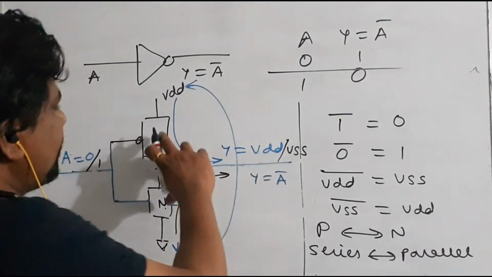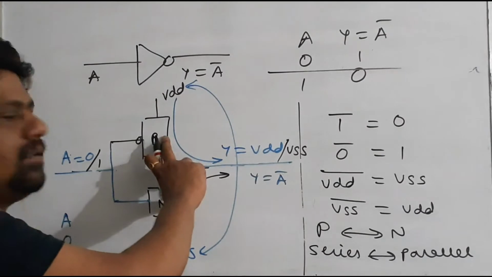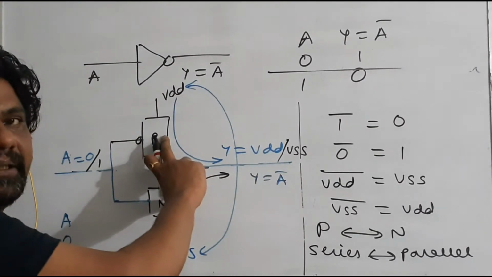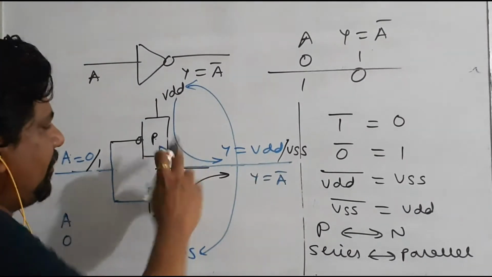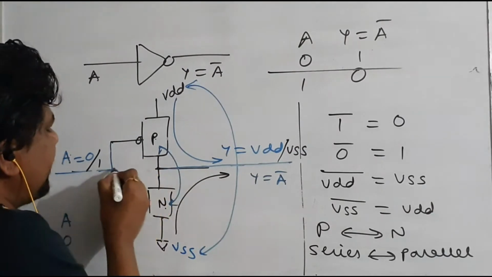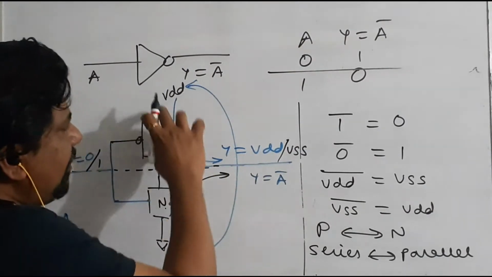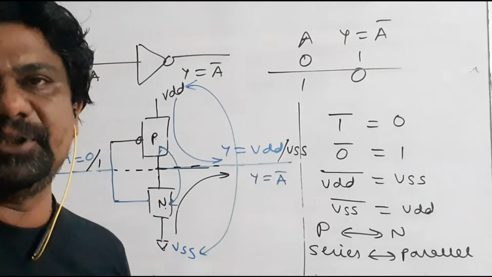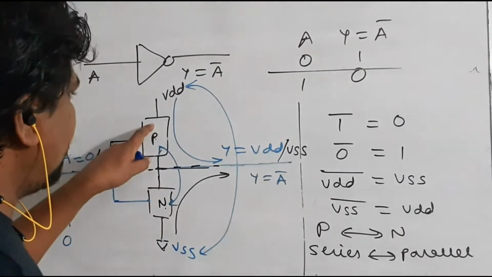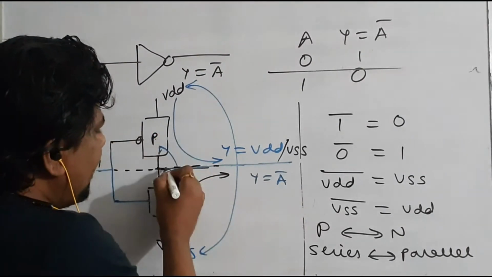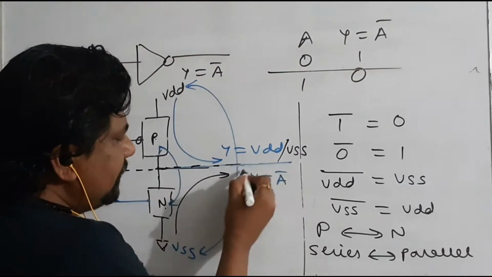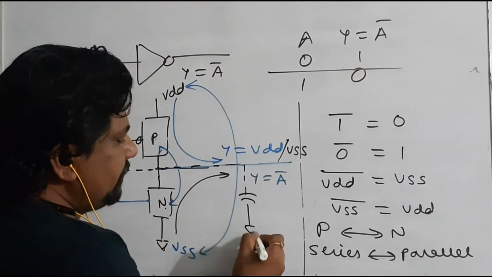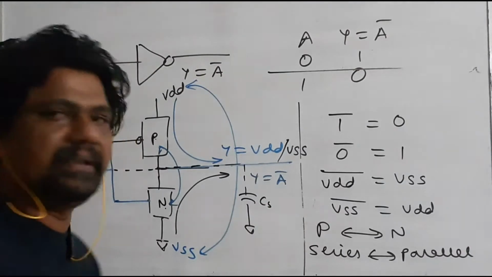So now this is a complementary metal oxide semiconductor NOT gate, because if I try to cut this here, the lower section and upper section are exactly complement of each other. But practically what happens is that as this is one wire net, there will be formation of a capacitor here, stray capacitance CS.